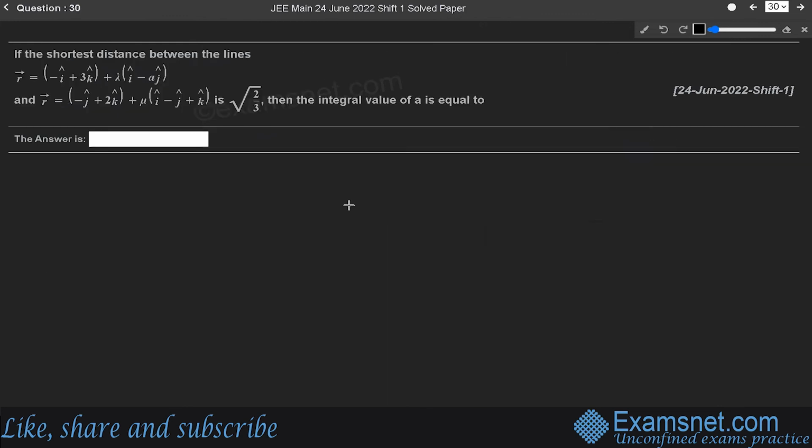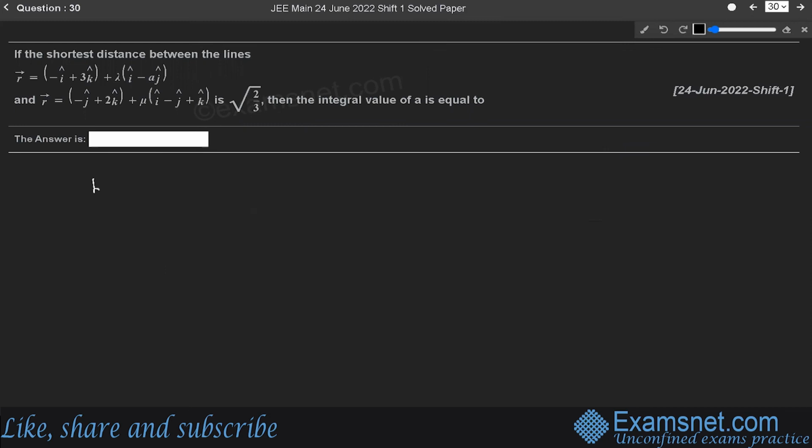Next question is, if the shortest distance between the lines r vector is equal to minus i plus 3k plus lambda (i minus aj), and r vector is equal to minus j plus 2k plus mu into (i minus j plus k) is root 2 by 3, then the integral value of a is equal to.